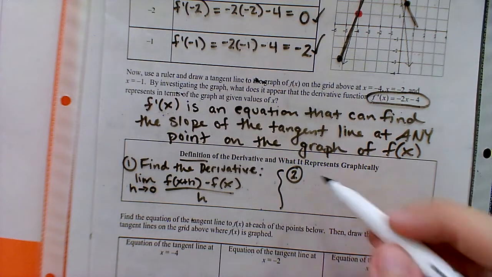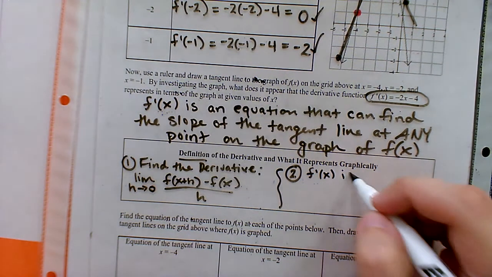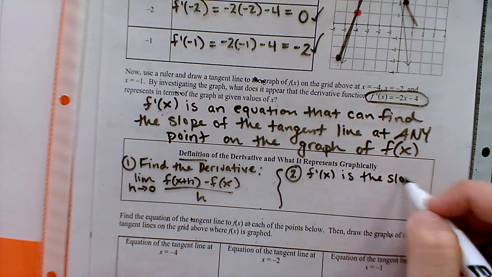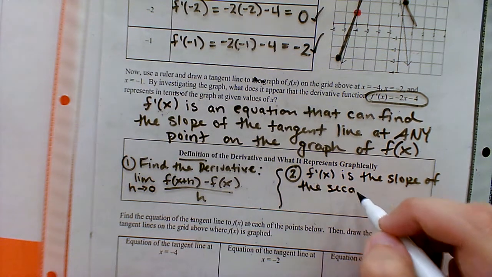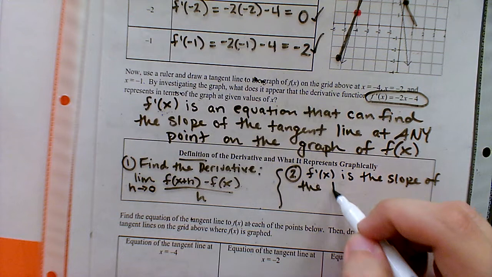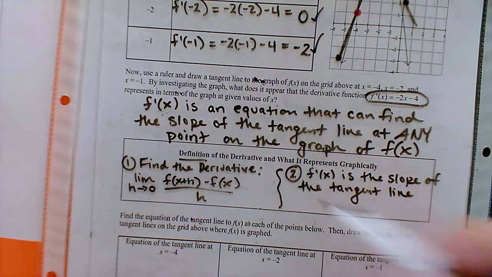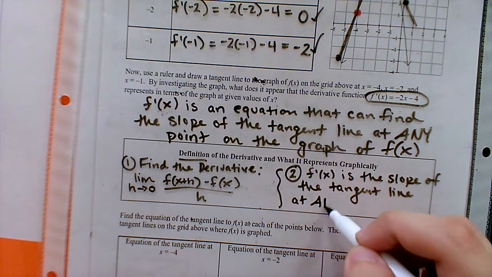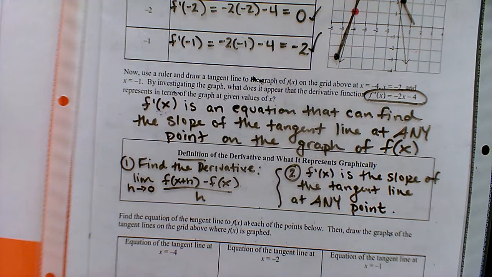But graphically speaking, f prime of x is the slope of the tangent line at any point.